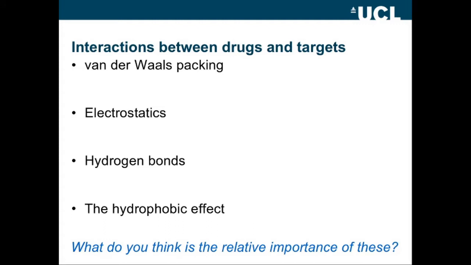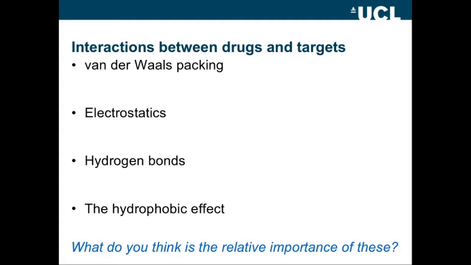Now, what do you think is the relative importance of these different effects? Because when you think about the interaction of any two entities, whether it's two drugs or two small molecules, a drug and a target protein, or indeed two proteins, you have to compare the interaction with water.